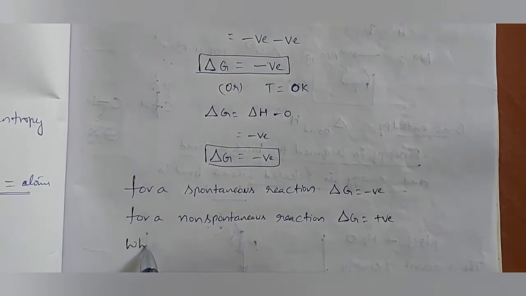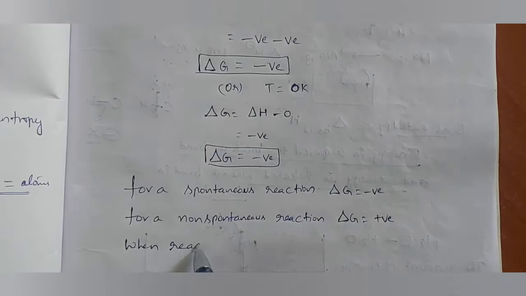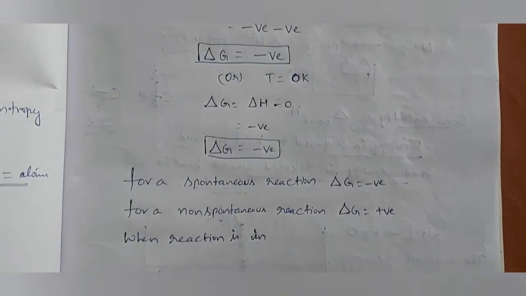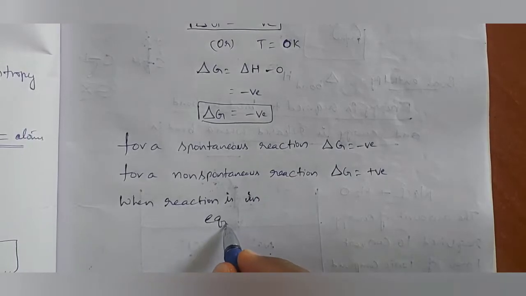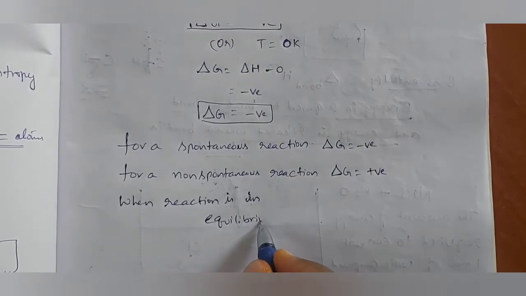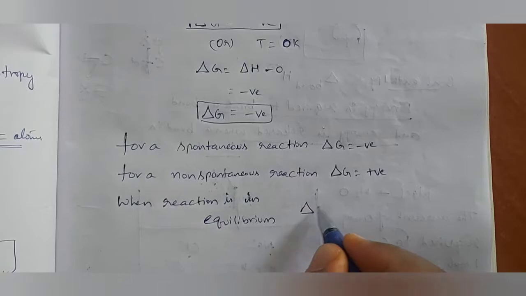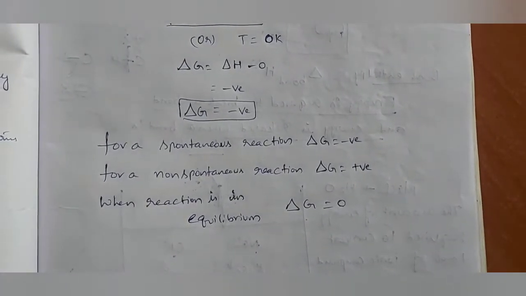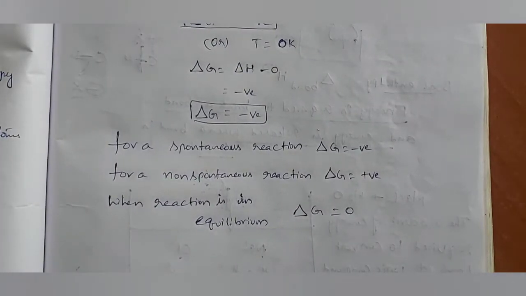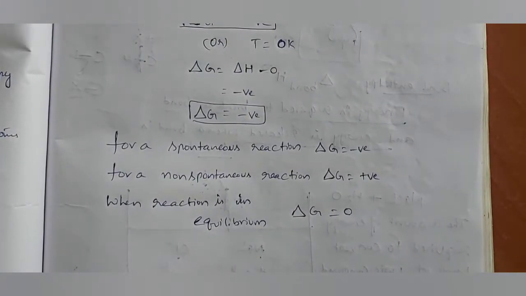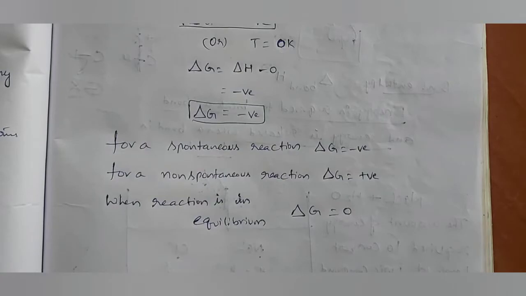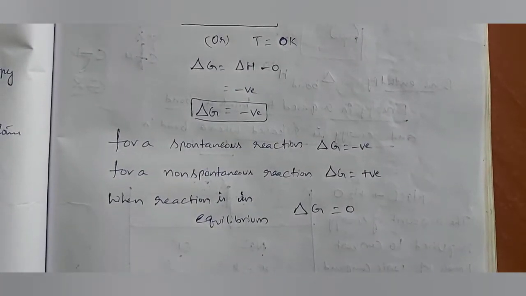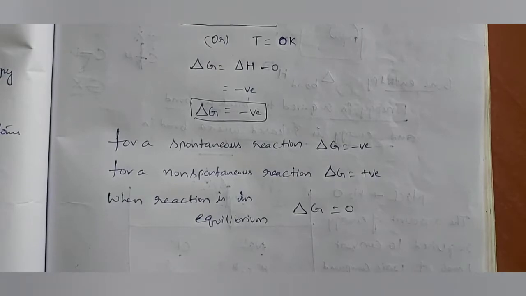When a reaction is in equilibrium, delta G is equal to 0. For a spontaneous reaction, delta G is negative; for a non-spontaneous reaction, delta G is positive; and when a reaction is in equilibrium, delta G is 0.